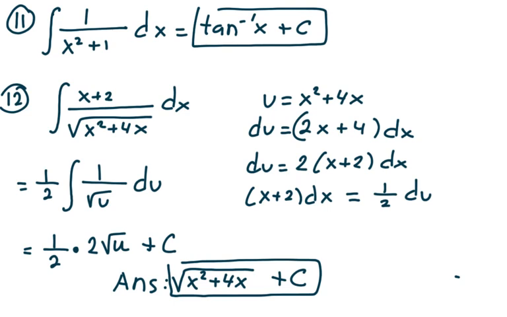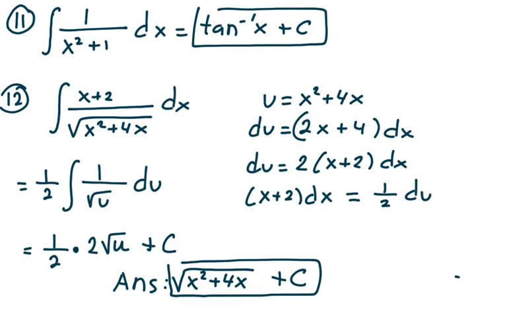If we take a look at number 12, number 12 is another good one. Suppose we have the integral of x plus 2 over the square root of x squared plus 4x dx. This is a u substitution type problem. I'm going to let u equal x squared plus 4x. du is (2x plus 4) dx.